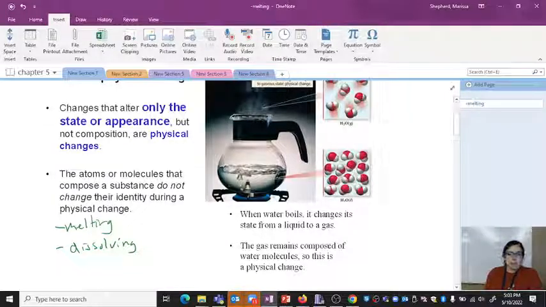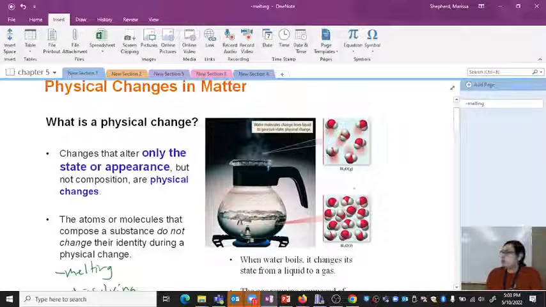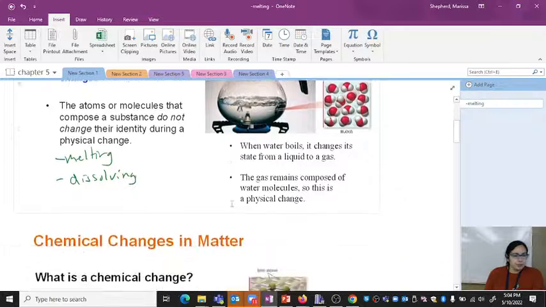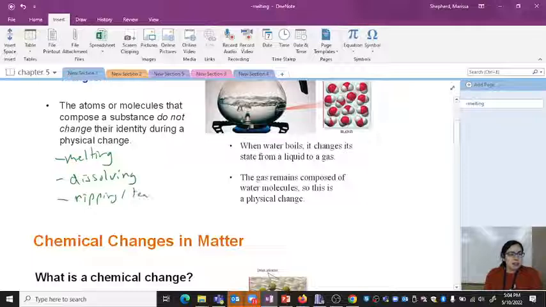You heat your water on the stove and it starts to boil, and now those molecules are further apart, so we've gone from a liquid to a gas state. Other physical changes are ripping, tearing, or breaking something. Again, you're not altering the composition, just changing the size of the particles.